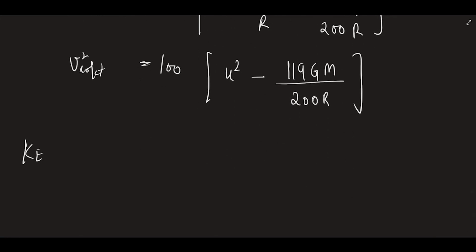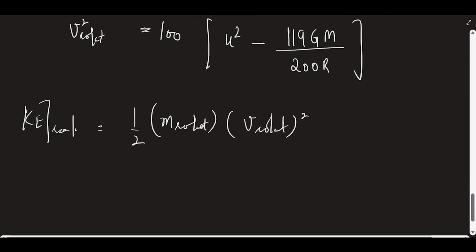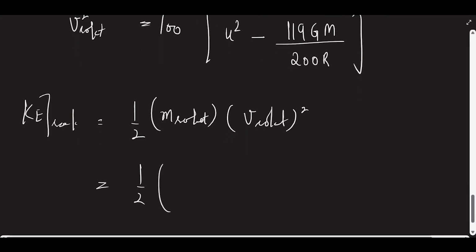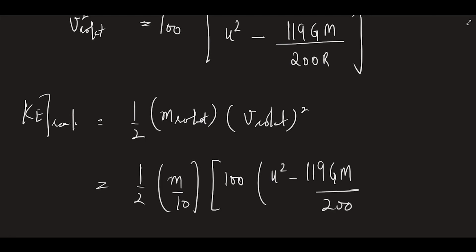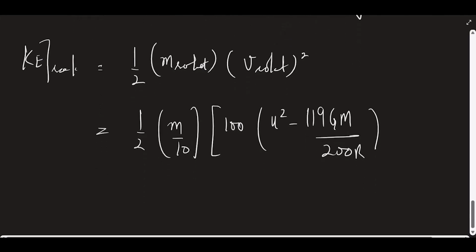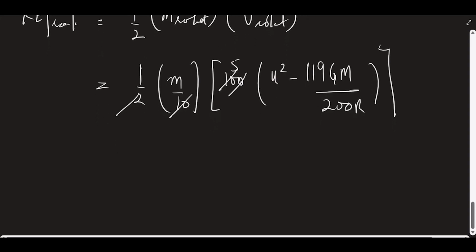Now the kinetic energy of the rocket, if we want to find, we know it's half mass of rocket into velocity of rocket, that too square. So we have mass m by 10, and this is 100 times u square minus 119 GM by 200 r. Got it? So from here we'll solve a little bit, and 2 5s are 10.